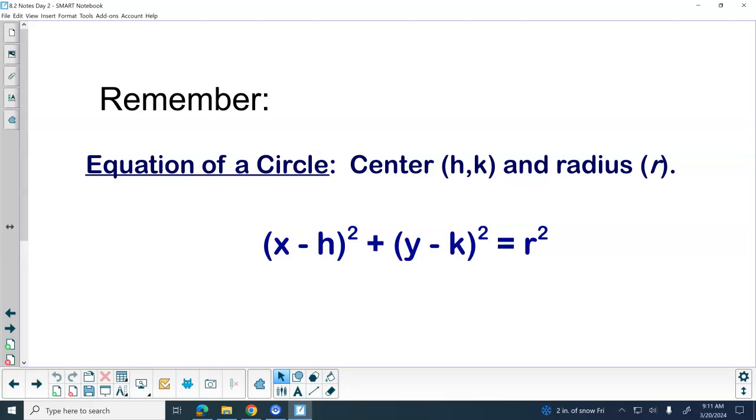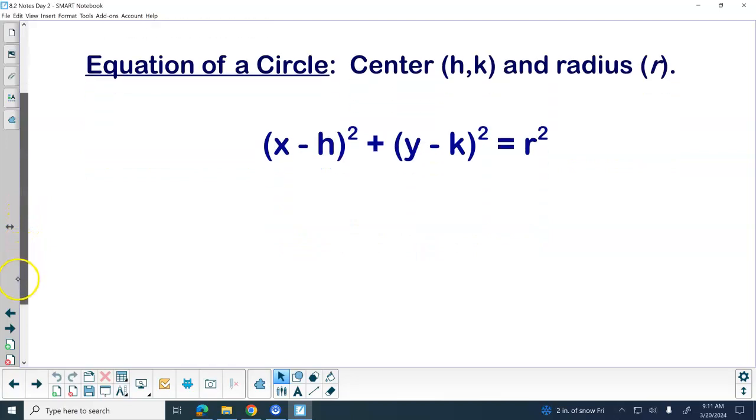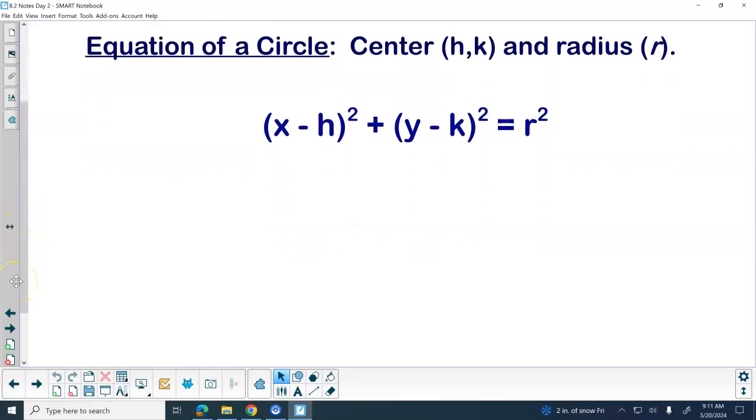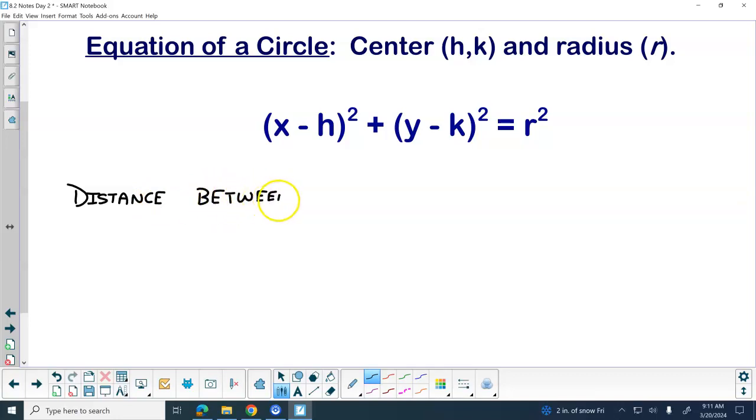So we need to remember that as the equation of a circle. The other thing that we are going to have to remember, and this is a remember from way, way back, is the distance between two points.